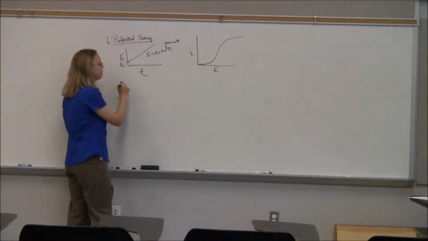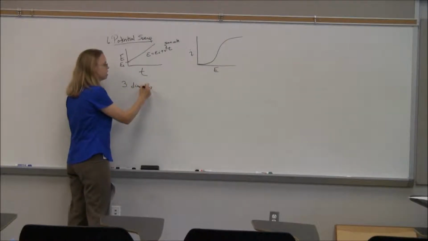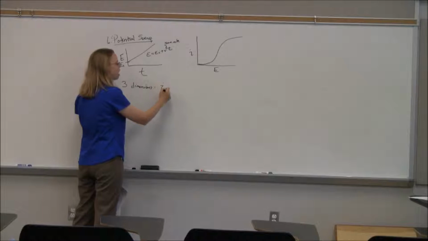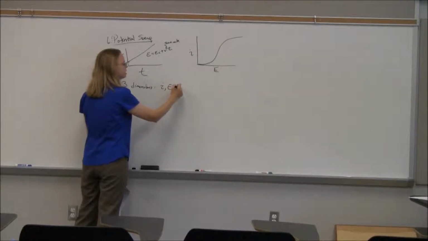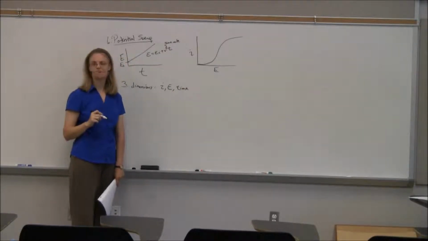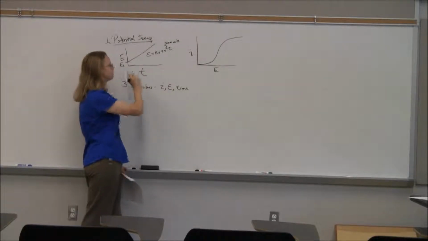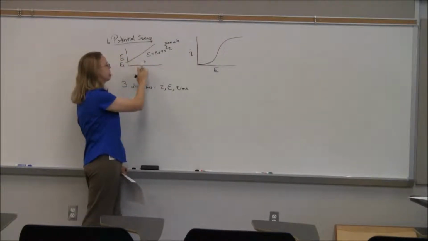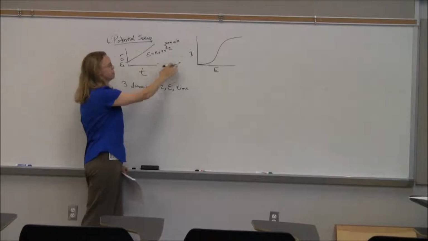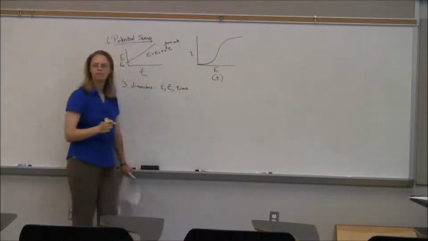But notice that you really have 3 dimensions of data. Those 3 dimensions of data are I, E, and time. In our lab, we solved the problem of having 3 dimensions. Well, we don't really, because the potential varies with time, so you could do this graph as a function of time.